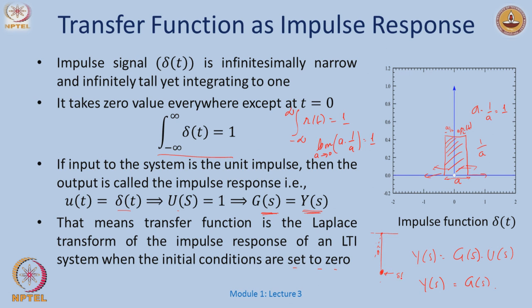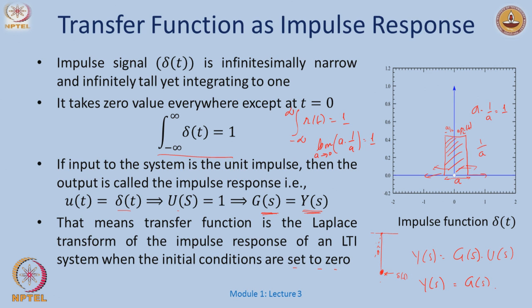It may not be practically possible to give an impulse like this, but you can look at it as a signal like this with a very small a. So, what would you expect? I just push it away, so that I give it a little push, so it will follow its natural response. If it is a system which has no damping, it will keep on oscillating all the time. If it is a system which has damping, the oscillations will die down. This is the natural response of the system.